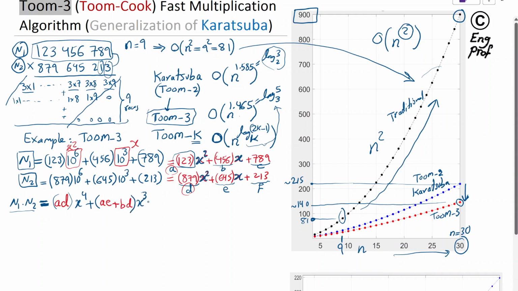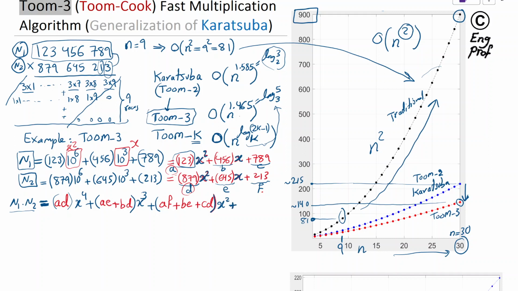Okay, so what about x to the power 2? Fine. For x to the power 2, I have three things that can generate that. A times F. Next one is the two center terms, B times E. And finally, C times D. These can generate x to the power 2.